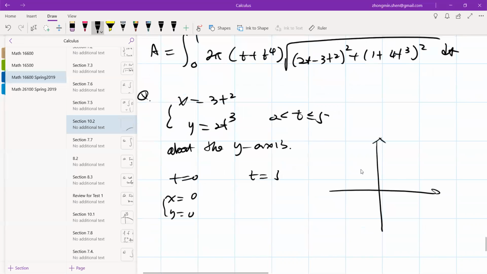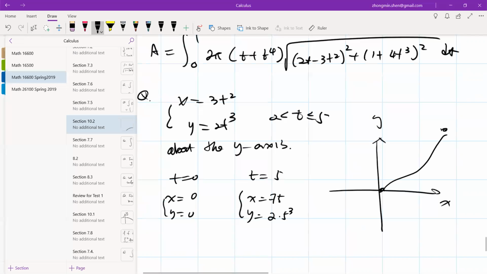But when t equals 5, x is going to be 3 times 5 squared, 75, and y is 2 times 5 cubed, 250. Anyway, it's somewhere here. So this is a curve. It's never negative. It's always in the first quadrant.